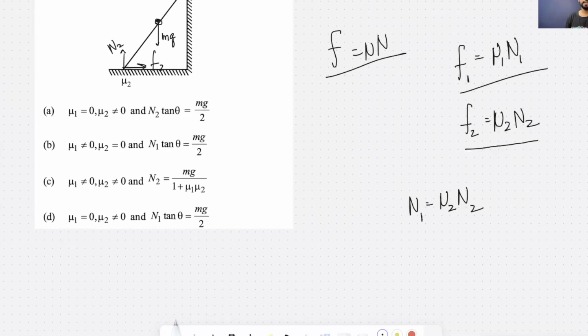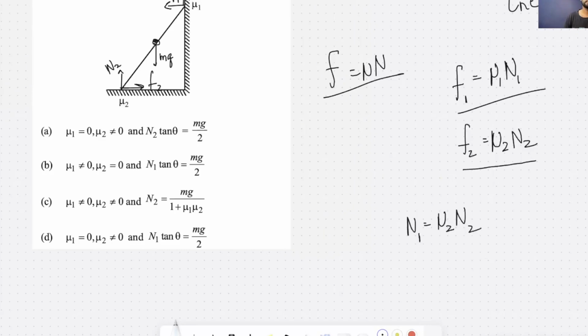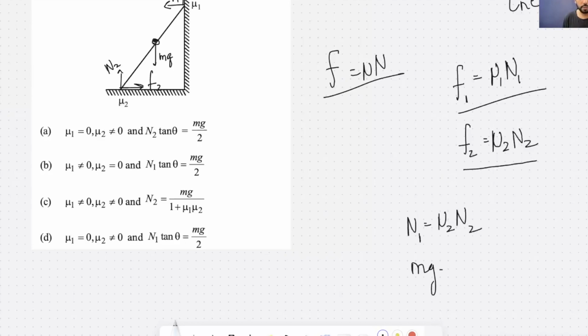Now up down balance has to be done. Okay, now you see here F1 is acting upwards, N2 is acting upwards, and mg is acting downwards. So downward force mg is equal to F1, that is mu1 N1, plus N2.